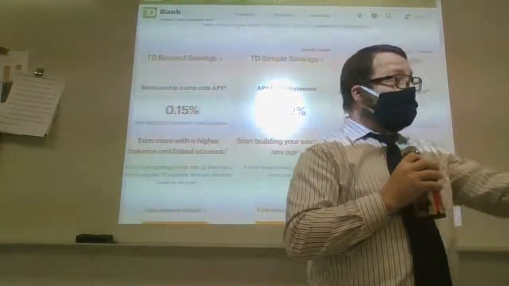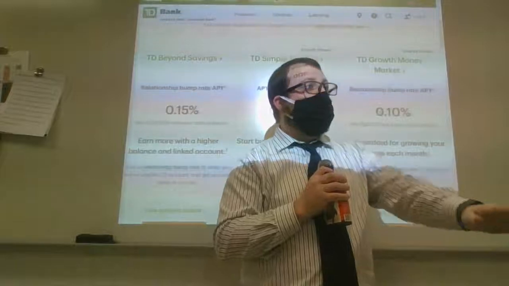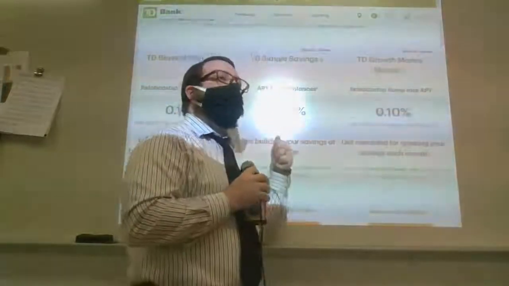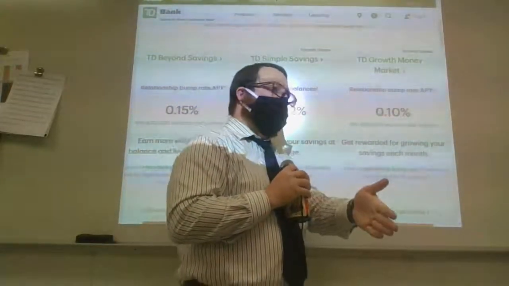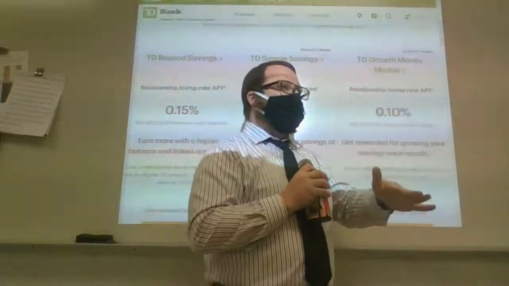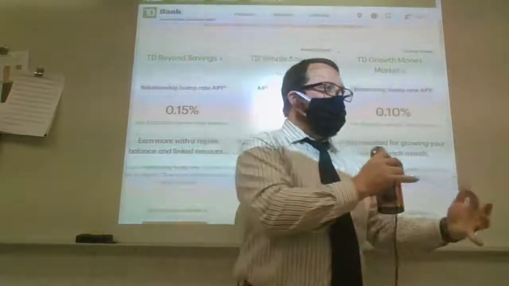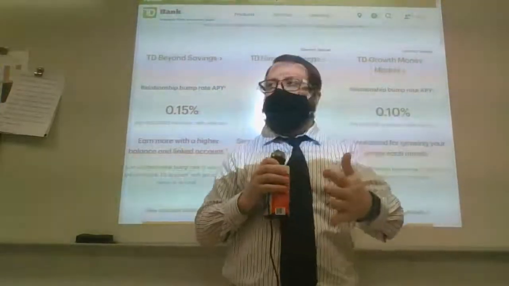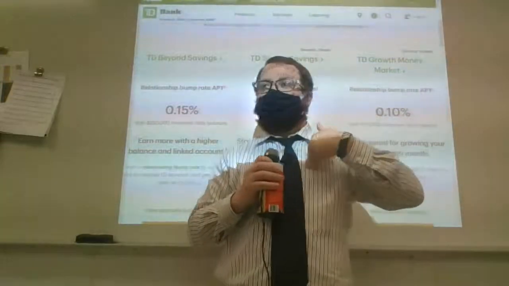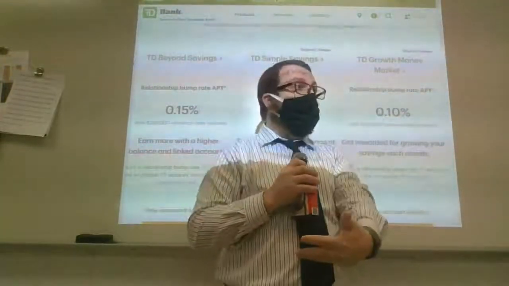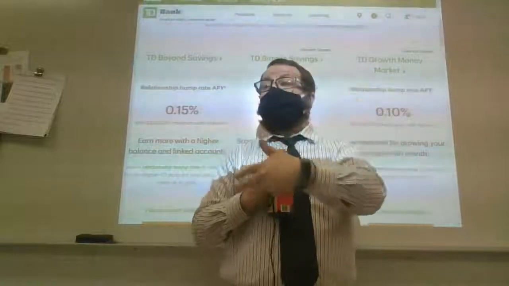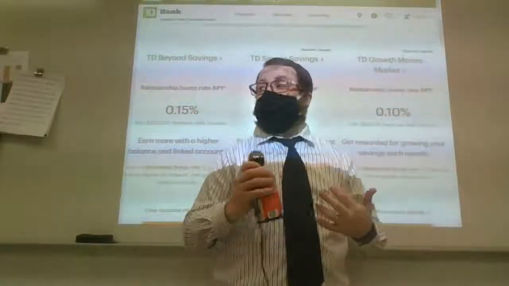Because usually you see those in car commercials. APY is how much the bank would actually pay you. So there's the difference there. There's interest being paid in one direction or the other. For the car payments, APR, you would have to pay interest on top of what you owe. And then APY for the banks, that's the interest that they would give you.